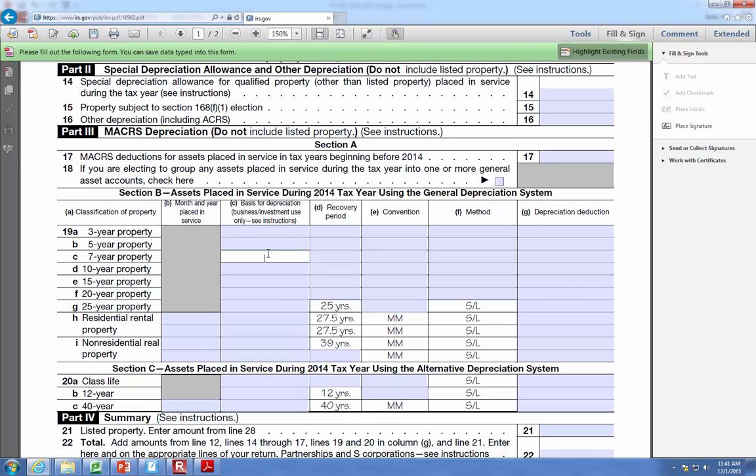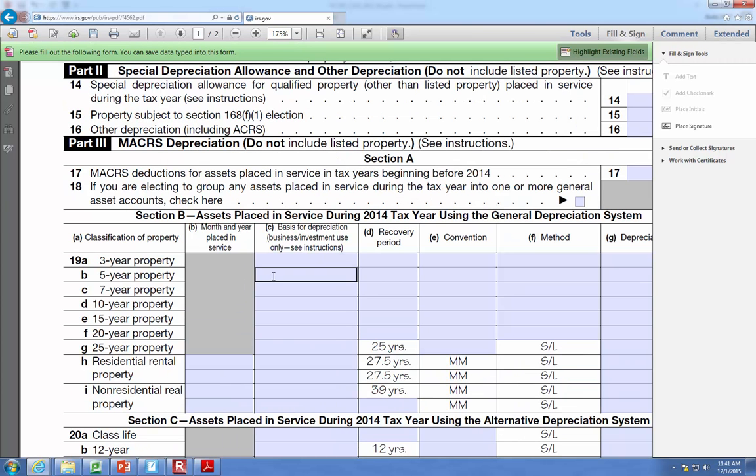All right, 19C, so you guys can see I've got my cursor blinking where I'm going to go. And the first thing it wants to know is basis for depreciation. What is the basis for depreciation? 180, right? That's how much I'm depreciating.